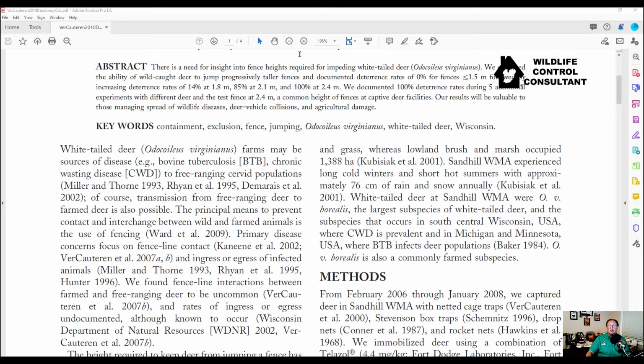It's a lot of work to perform an experiment, especially when you're dealing with something as big as a deer. Why are they doing it? So the introduction justifies and explains the rationale for what they were trying to discover and why other research didn't answer the question completely. So sometimes researchers will repeat an experiment, so you will then see an explanation as to why they're repeating the experiment.